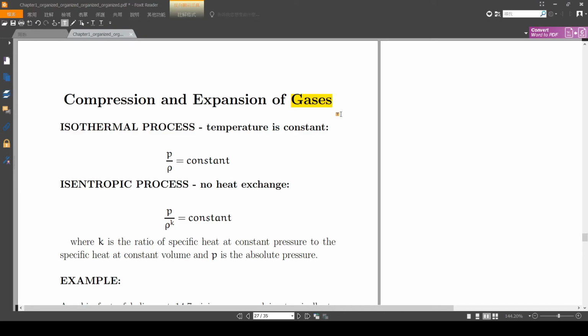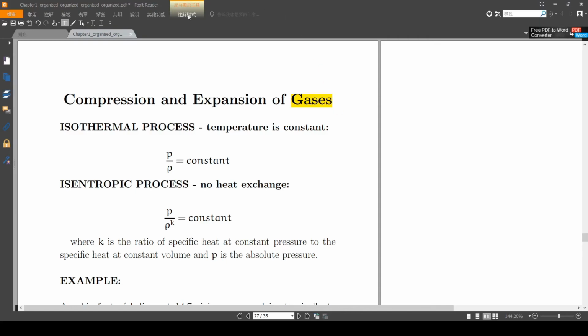Therefore, most of the time we will say that the fluid is incompressible. So the kind of fluid that is more sensitive to pressure change is gases, right? Therefore, when we talk about compression or expansion, it is often related to gases.